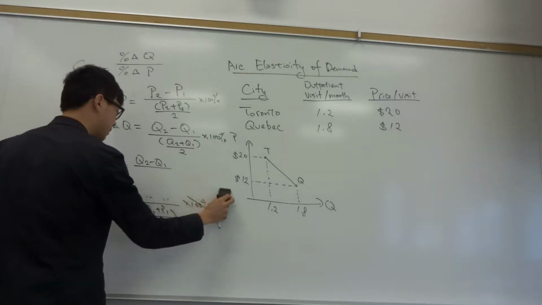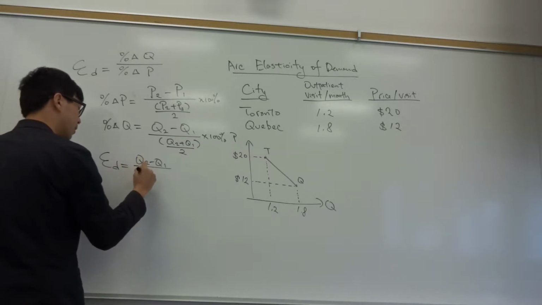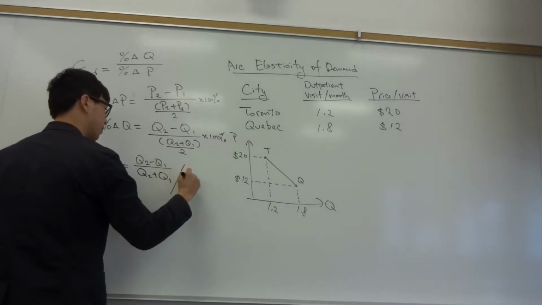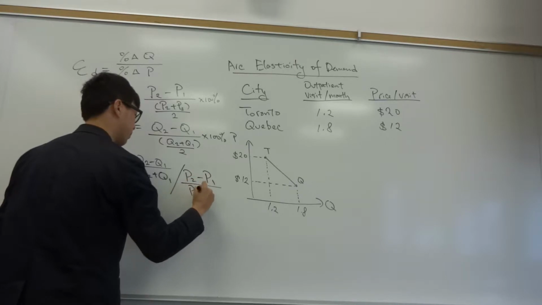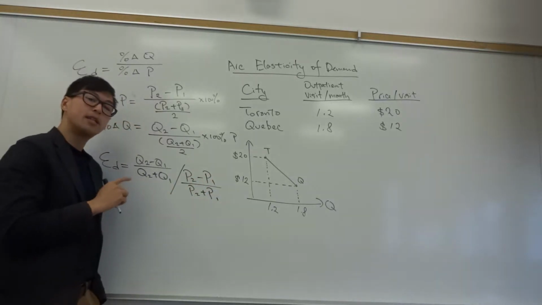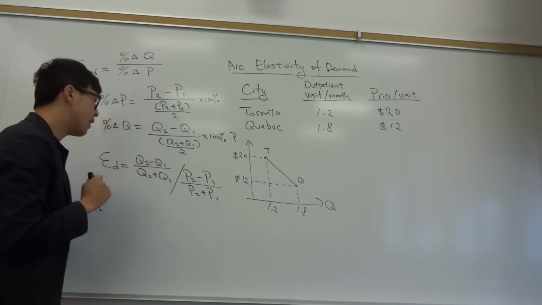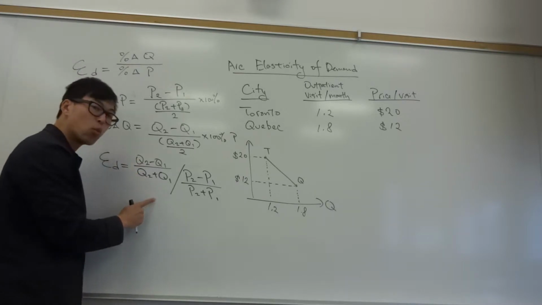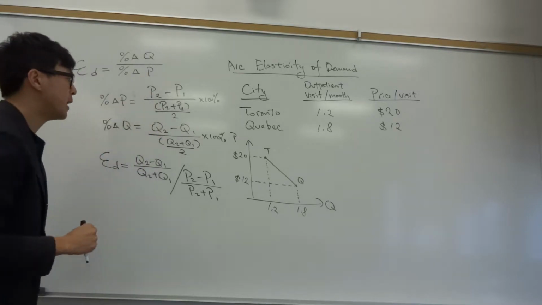All we have left after this derivation is this. This is basically the equation you see in the textbooks. Whenever we calculate the arc elasticity of demand, we are going to use this one simple formula after deriving from all this information.